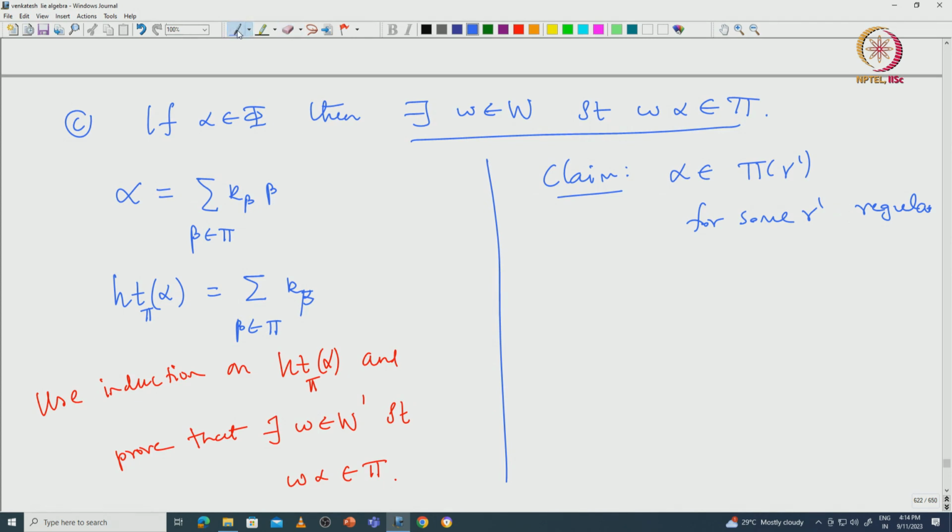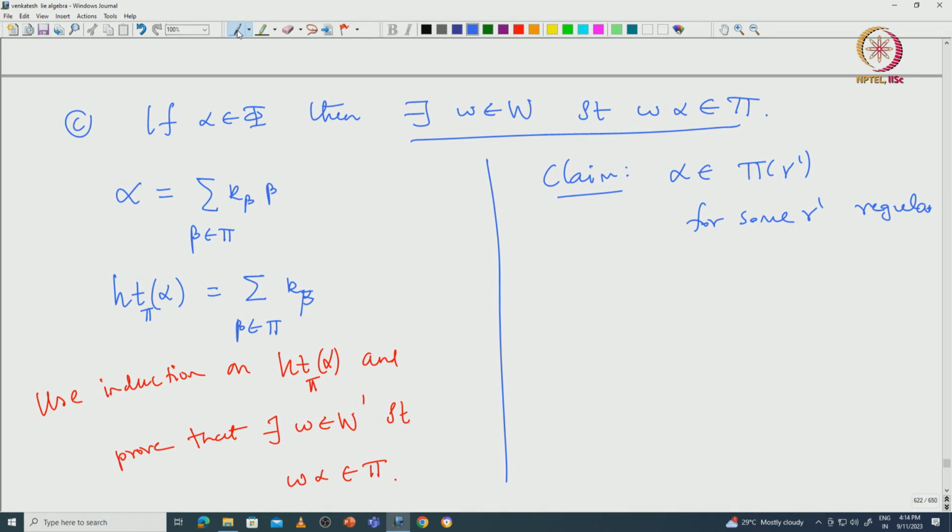So, for that purpose let us look at the hyperplanes P_beta. They are all actually distinct from P_alpha when beta runs over elements of pi. The only roots that are proportional to alpha are plus or minus alpha.